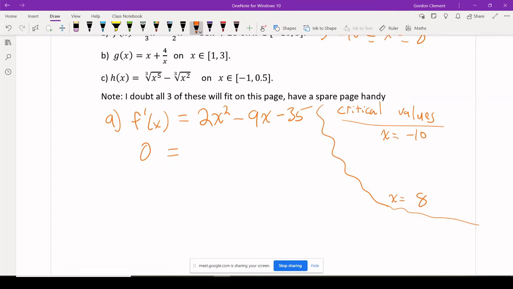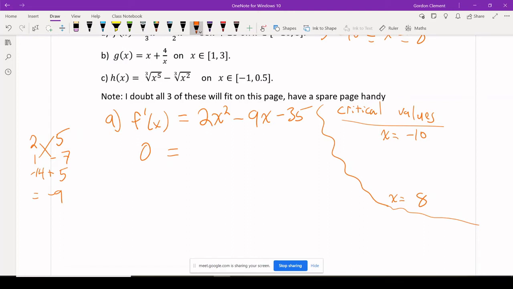The 2 doesn't factor out, so it would be what I call a crisscross factoring. So 2 things that multiply to the first. It's going to be this. 2 things that multiply to the last. So -35, 5, and -7. And then my crisscross is -14 and +5. Those do, in fact, make -9.